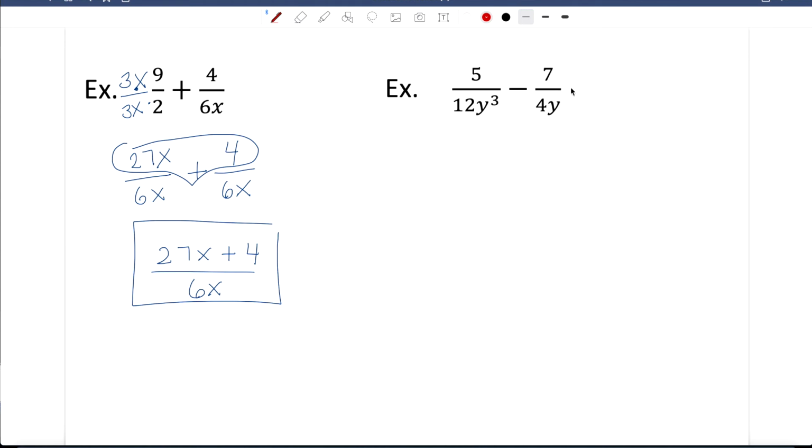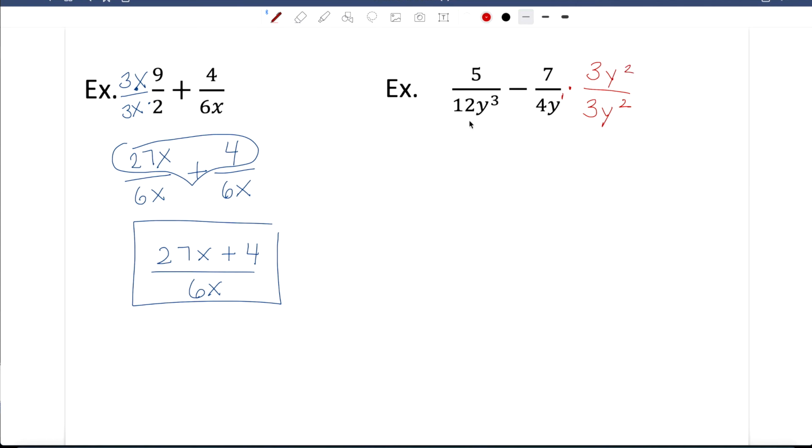And the answer is yes. What can I multiply it by? Well, 4 times 3 gives me 12, and y times y squared gives me y cubed. Why? When you're multiplying variables, remember you add the exponents. So 1 plus 2 will give me 3. Multiply top and bottom.